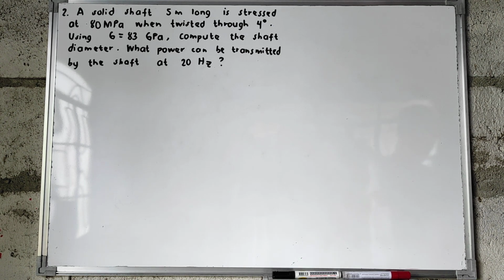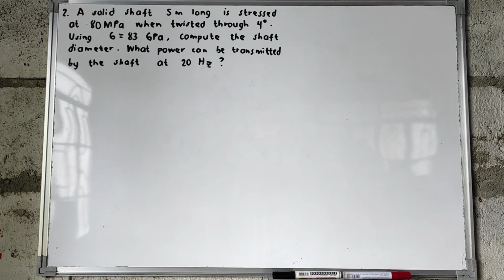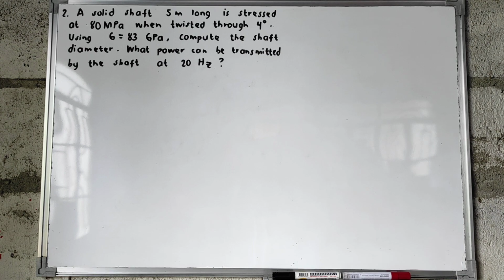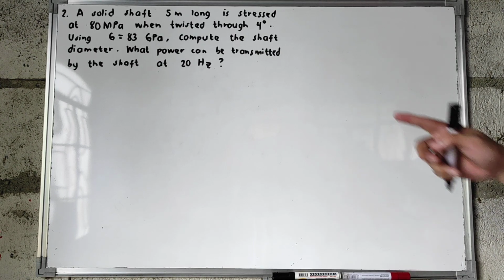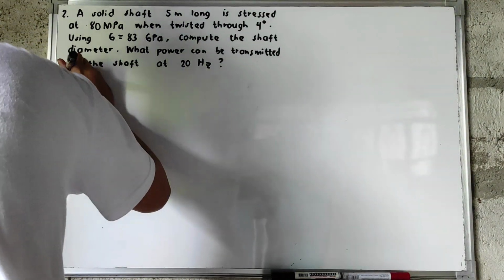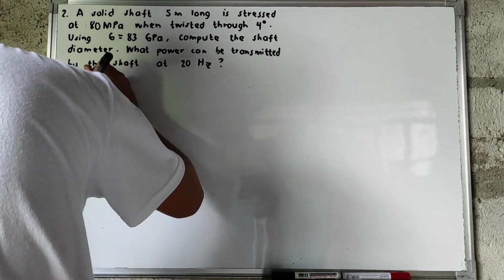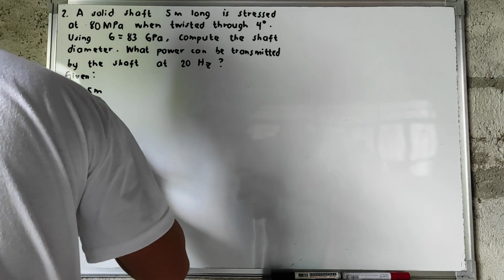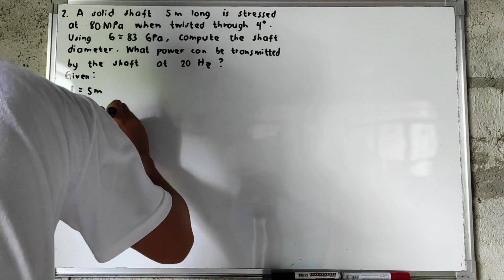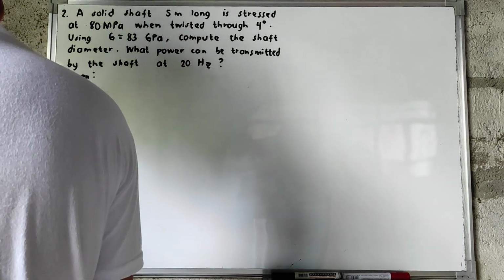So for this example, let us write first our given values. The value of our length is 5 meter. The value of your angle of twist is 4 degrees.